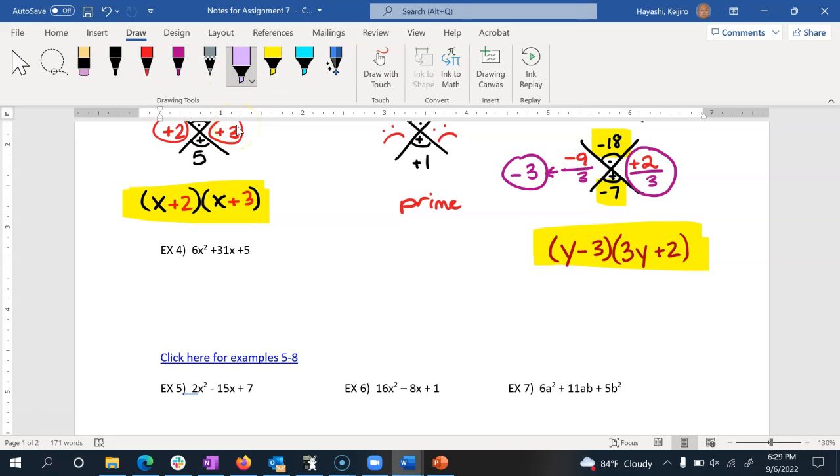Okay, number 4 is another slide and divide. We'll take that 6 that's in front, slide it to the back. And what trinomial is that going to give us?